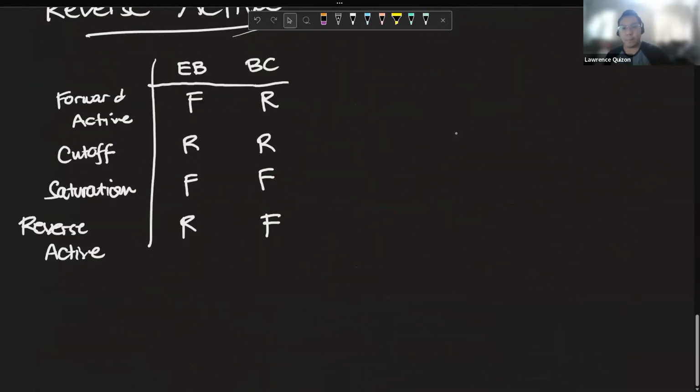ang mangyayari, ganito yung junction natin. So we have P and P, right? Reverse bias itong unang PN junction, no?